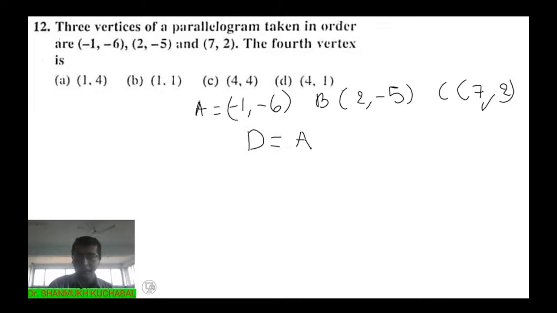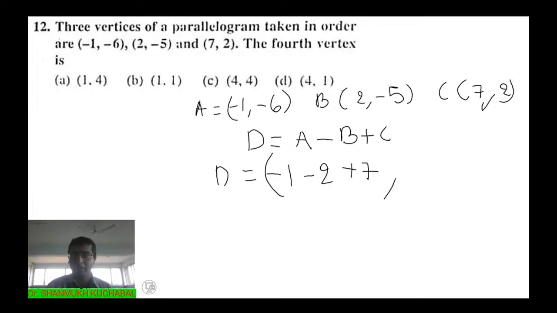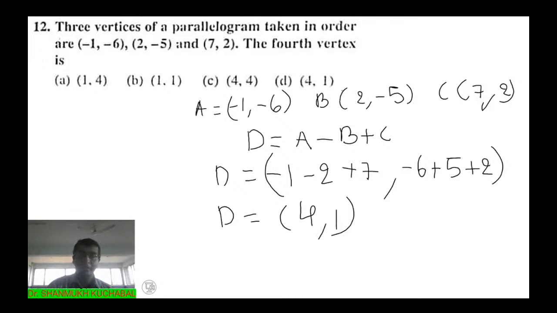D equal to A minus B plus C. Okay, so D equal to A is -1, B is 2, C is 7. Like this, x coordinate. Then y coordinate -6 plus 5, then plus 2. D equal to (4, 1). So option D, (4, 1), is the right answer here.